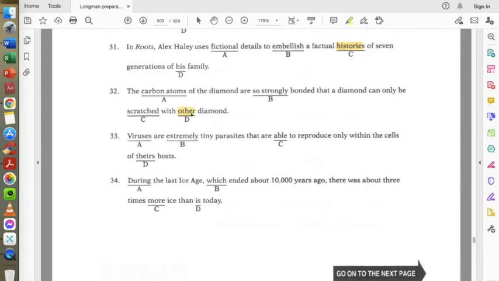With another diamond. 33. Viruses are extremely tiny particles that are able to reproduce only within cells of their hosts.